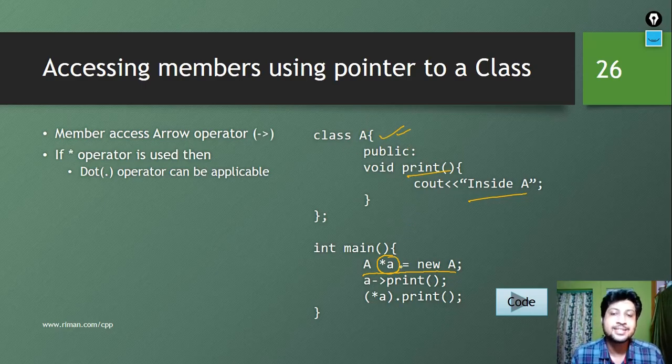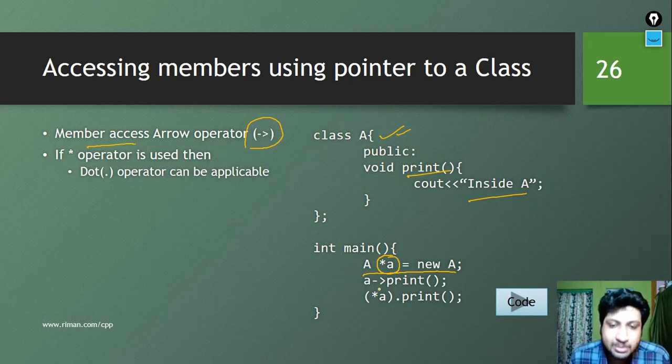Now how to access the member functions, or whatever member it is, not only the member function, if there is a public data member as well, that can also be accessed using this member access arrow operator. I guess you could remember that in structures in C, this was the same case. If you have declared a pointer to a structure, you can access the members of that particular structure using the arrow operator. Similar case is here.